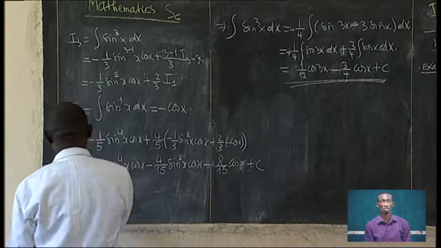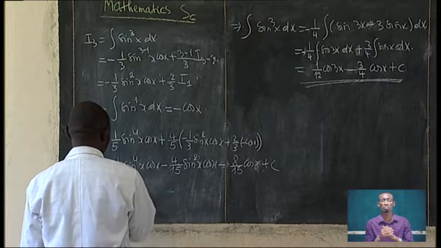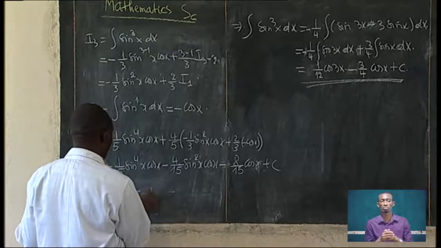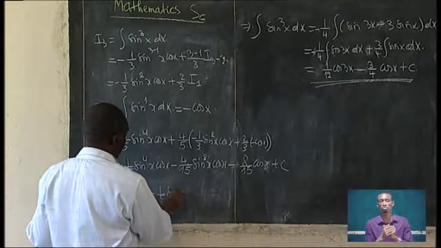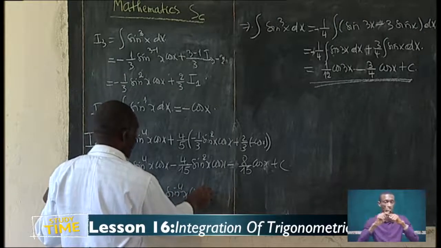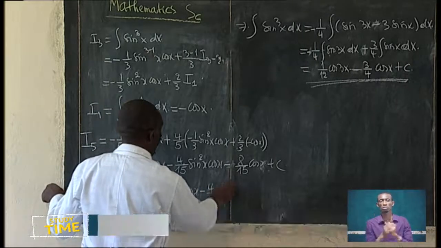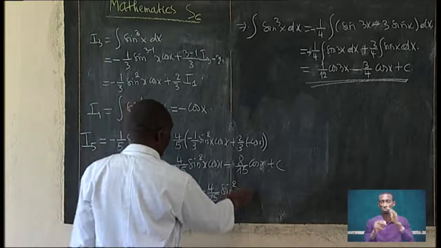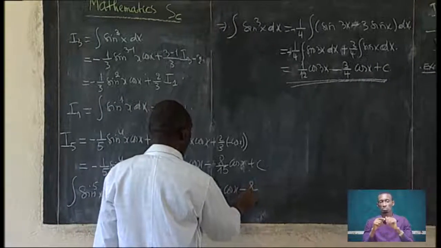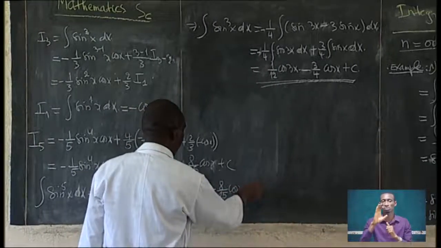It means that the integral of sine^5 x dx is equal to minus 1 divided by 5 sine^4 x times cosine x, minus 4 divided by 15 sine squared x times cosine x, then minus 8 divided by 15 cosine x, then plus c.